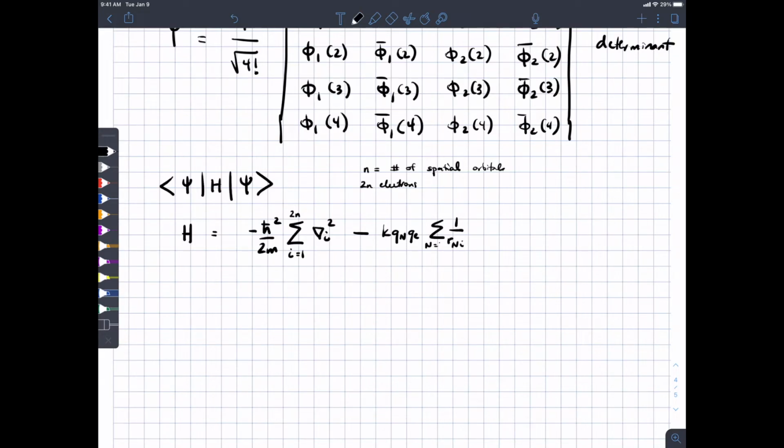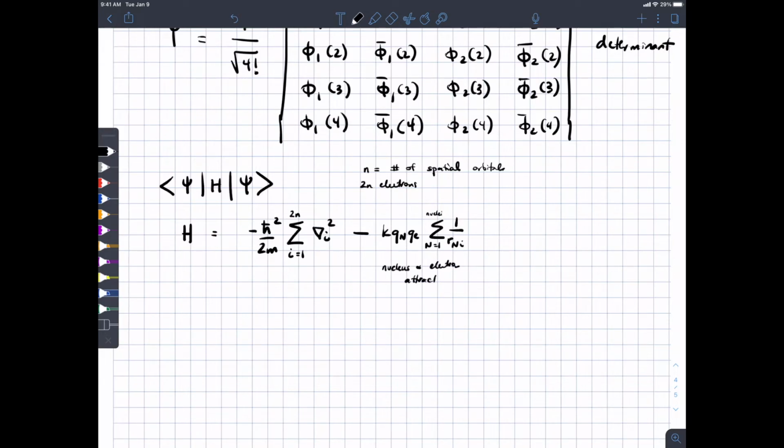So n equals 1, and we go to however many nuclei we have. I'm not going to put another letter there. Okay, that's the Coulombic attraction between the nucleus and electron.